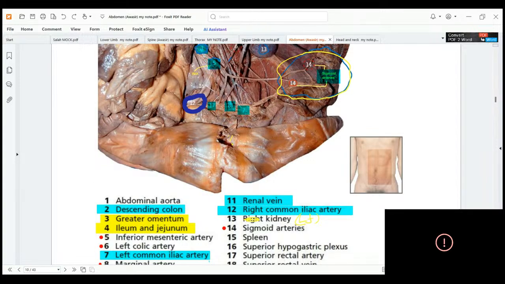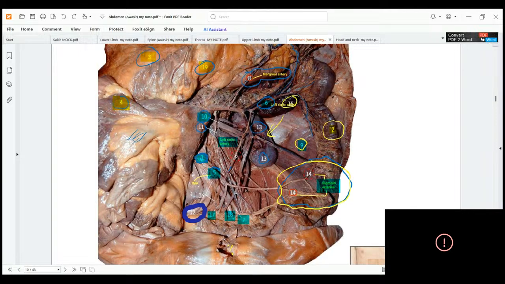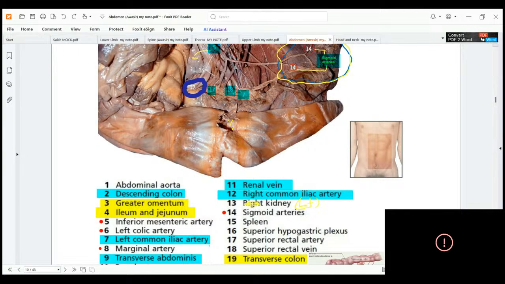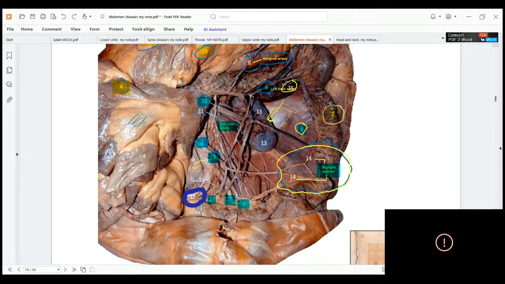Number 5, inferior mesenteric artery. Where is 5? 5. And 6 is the left colic artery. 14 is sigmoid artery.